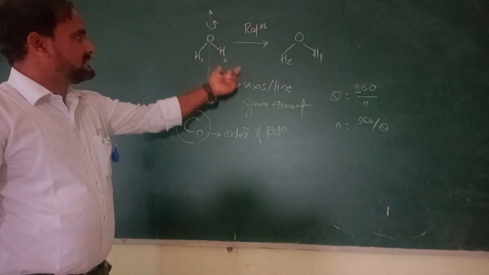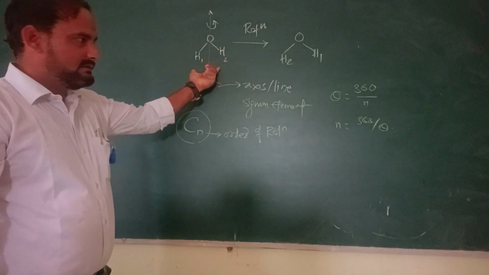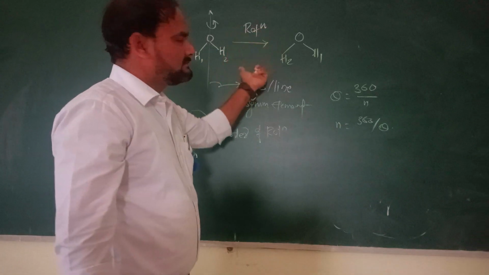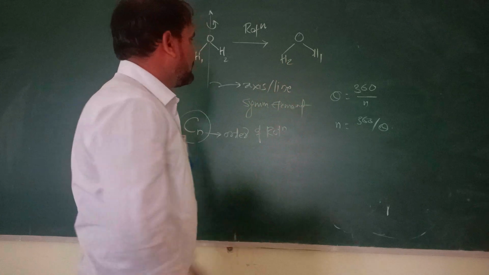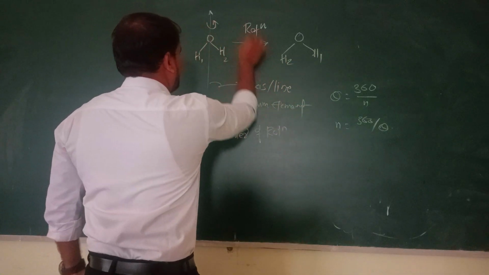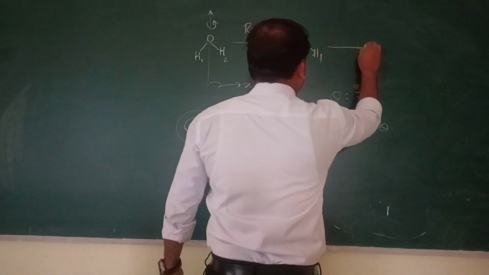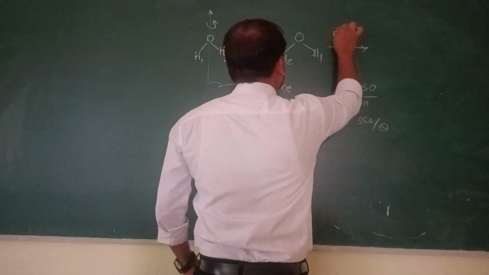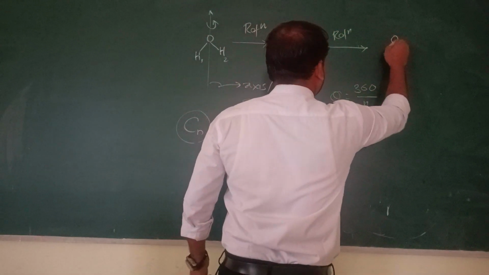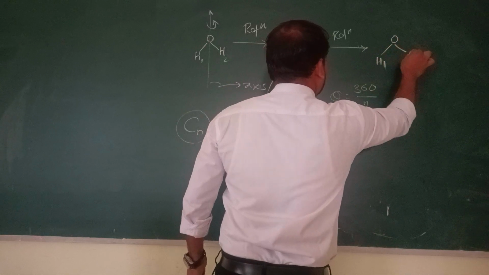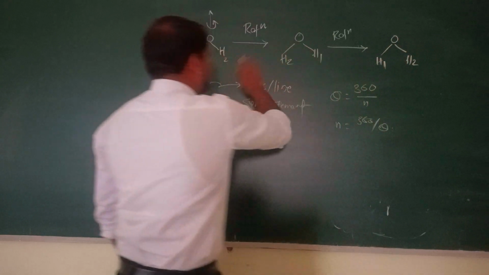Let's begin with this example again. The molecule, on treatment with the rotation process, gives this. Now that is the required angle, and again I do one more rotation on this molecule and I am back to the original. This is H1, this is H2.